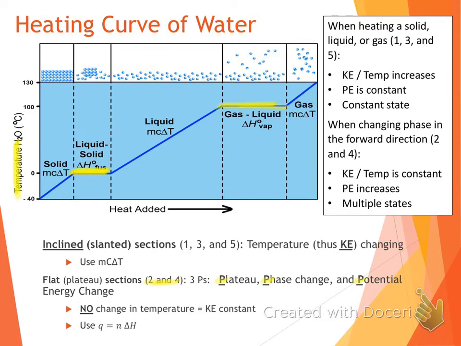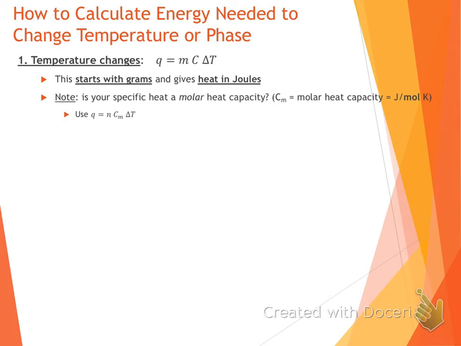There is no change in temperature, which means no change in kinetic energy. To determine the amount of heat energy during that point in time, we're going to be using the enthalpy change for our phase changes, like the enthalpy changes that we saw for those thermochemical equations on the top of page 16. So let's go into a little more detail on calculating these energy changes.